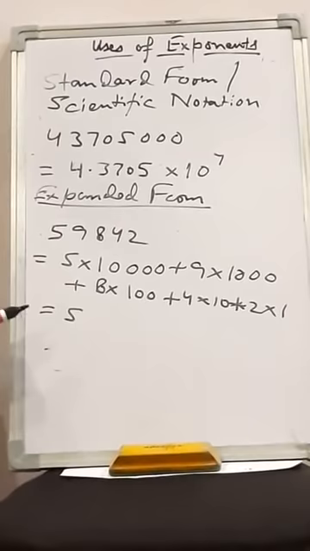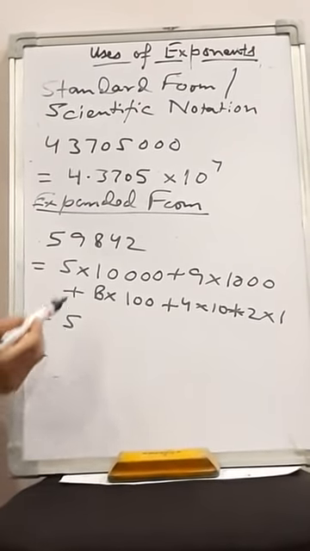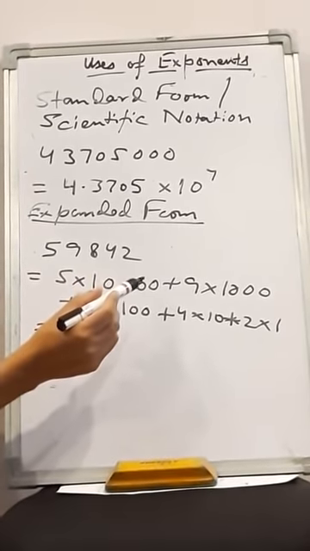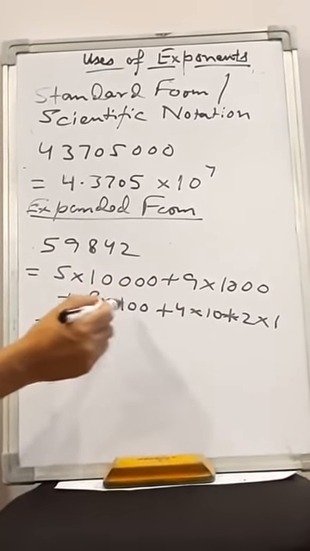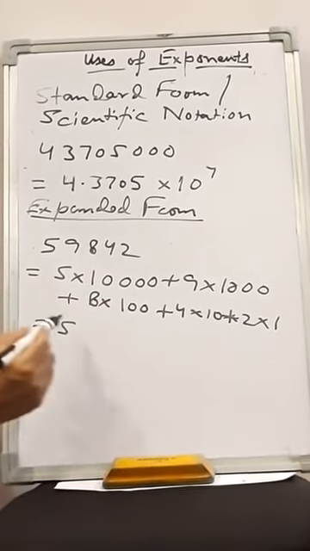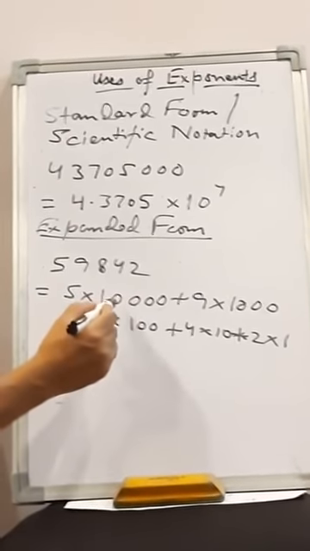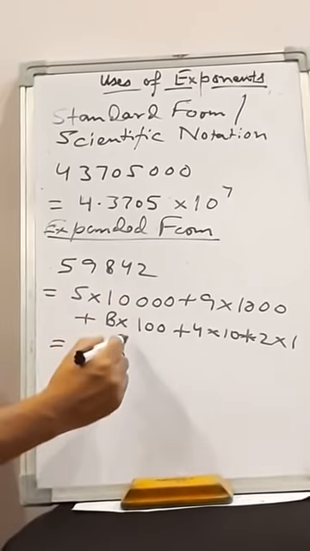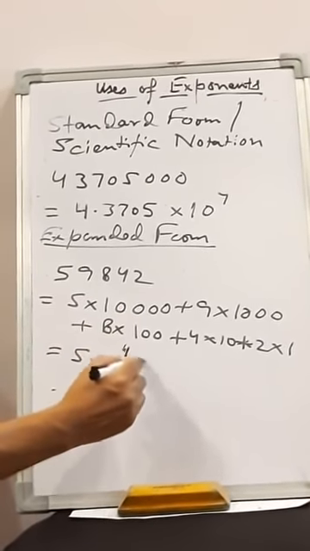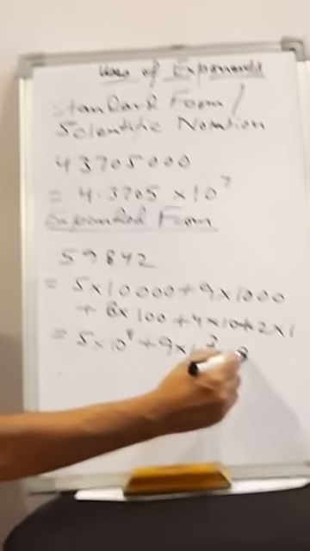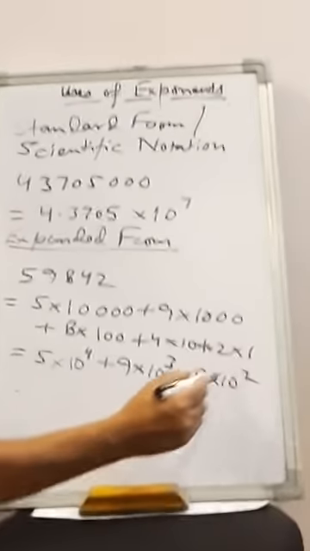Now how do we use exponents here? Here we can write these numbers which are involving zeros as 10 to the power something. So 5 into 10 to the power, as many zeros are there? 1, 2, 3, 4. So 10 to the power 4. 9 into 10 to the power 3. 8 into 10 to the power 2.